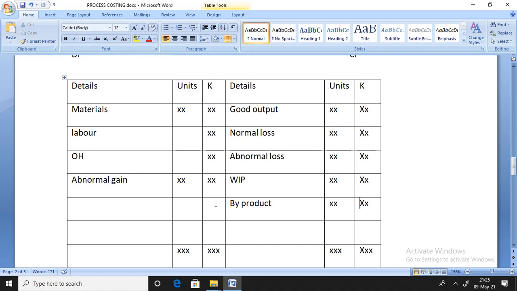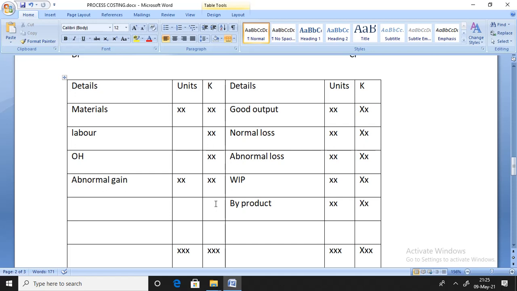So when you credit the abnormal gain account, you need to adjust it for the scrap value of the abnormal gain units before you transfer the figure to profit and loss. The abnormal loss account will be debited because if it's credited in the process account, it will be debited in the abnormal loss account, and again adjust it for the scrap value of abnormal loss before you transfer to the profit and loss account.